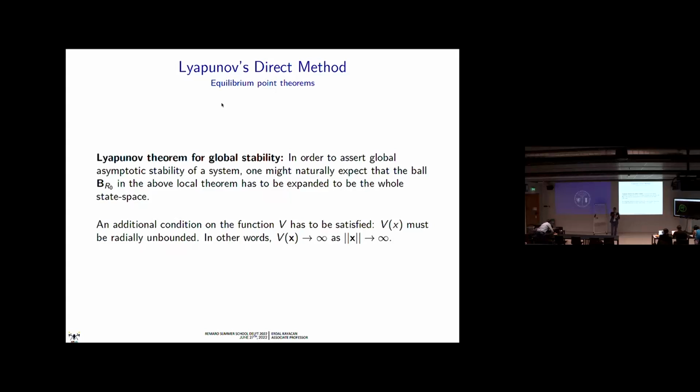And our function x1 squared plus x2 squared, do you think it is unbounded? Yes or no? x1 squared plus x2 squared. If the norm of x goes to infinity, x1 squared plus x2 squared goes to infinity, right? So this condition is satisfied in our Lyapunov function.